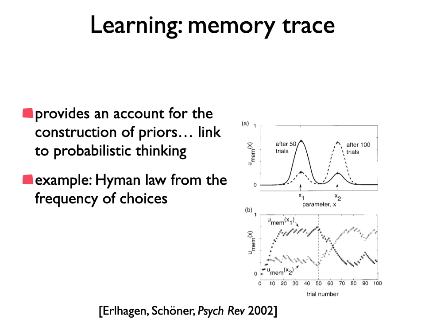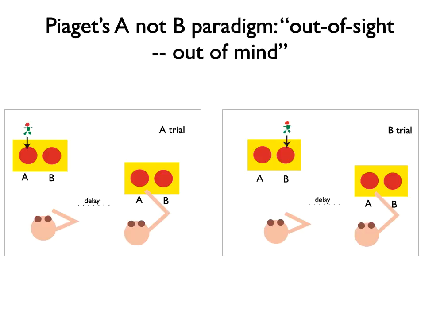So here's the paradigm that combines everything. It's the A not B paradigm, sometimes framed as out of sight, out of mind. So Jean Piaget was studying small children. He did armchair kind of experiments, but since then a whole industry has arisen studying this very paradigm in detail. And infants, this is an infant seen from the top, are presented with a box classically, which has two troughs and a lid.